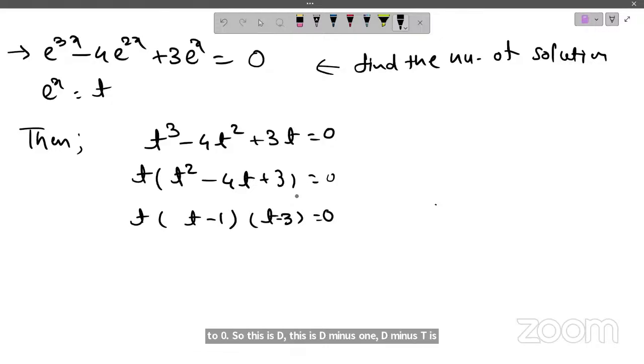Now your work won't stop here. So you get 3 solutions: t is equal to 0, t is equal to 1, and t is equal to 3.